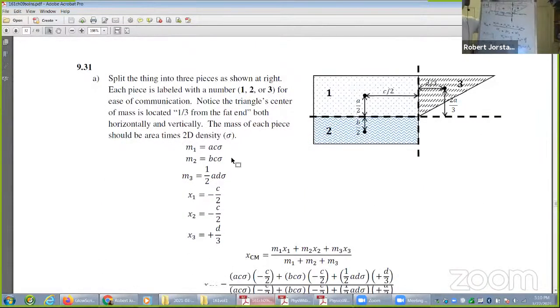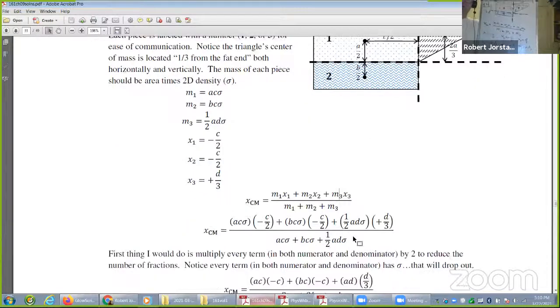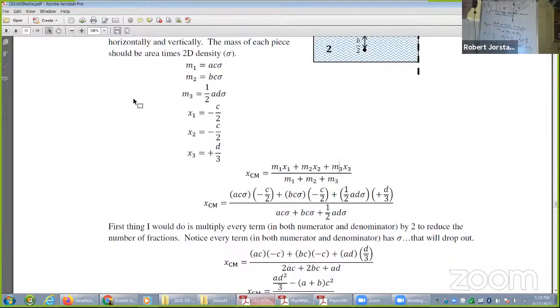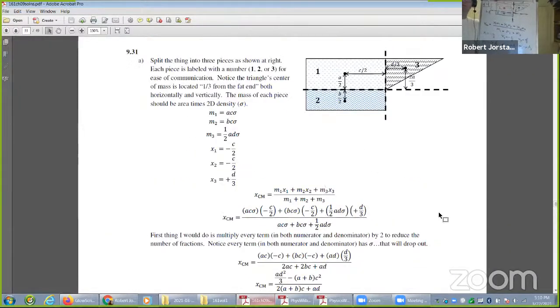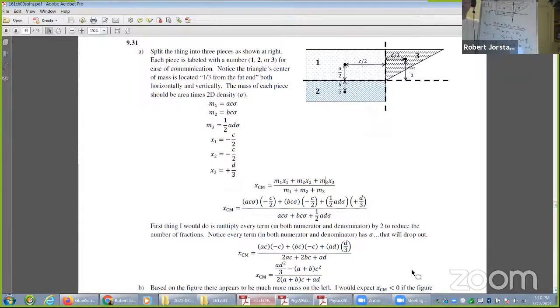So in this case, this is how I got those masses. This is how I got these positions. I think we labeled them the same. And when you plug it all in, let me make this just a little smaller here. There, it's all on one page. I hope you could read that. Sorry if it's too small. You can let me know.